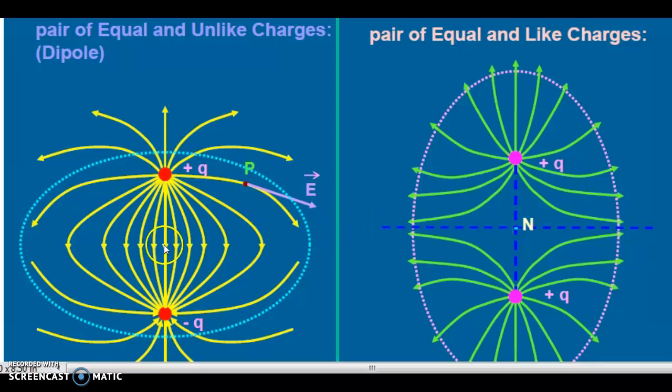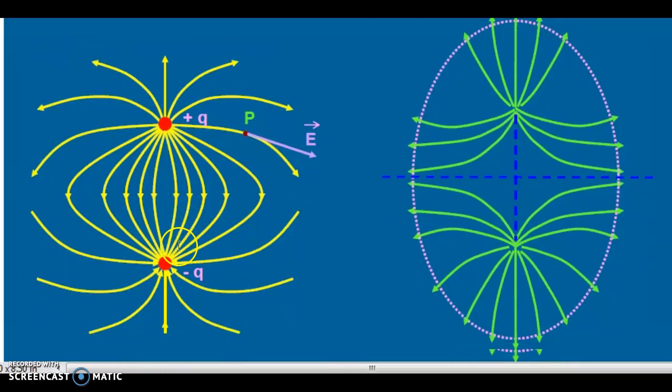Whereas if I take into consideration this particular point, this point will have an electric field acting downward because of the upper charge plus Q and also a downward electric field due to minus Q. So the resultant electric field at this particular point will be twice that of the electric field produced because of either plus Q or minus Q. So that's what we need to understand.